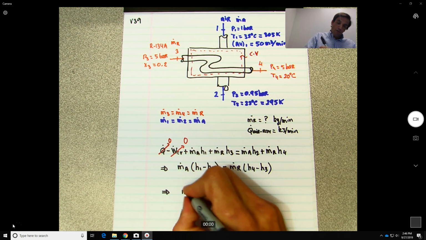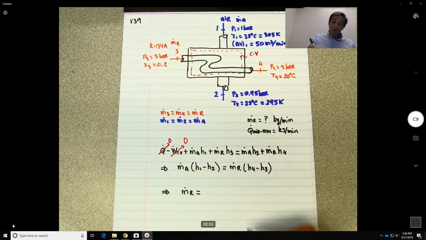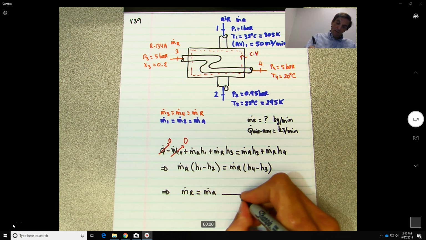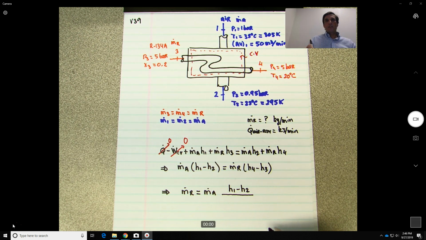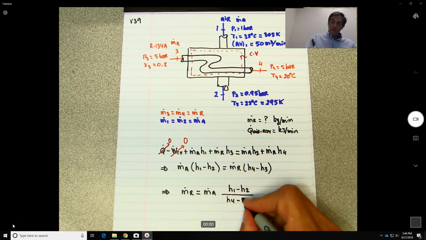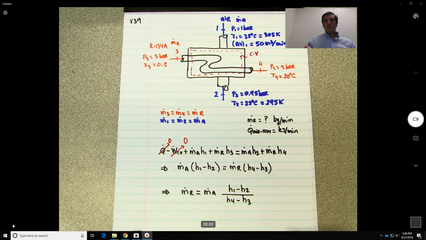So the mass flow of the refrigerant will be equal to the mass flow of the air times (H1 minus H2) divided by (H4 minus H3). Okay?